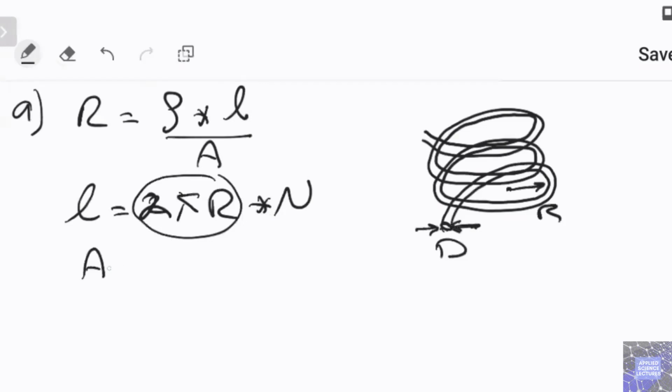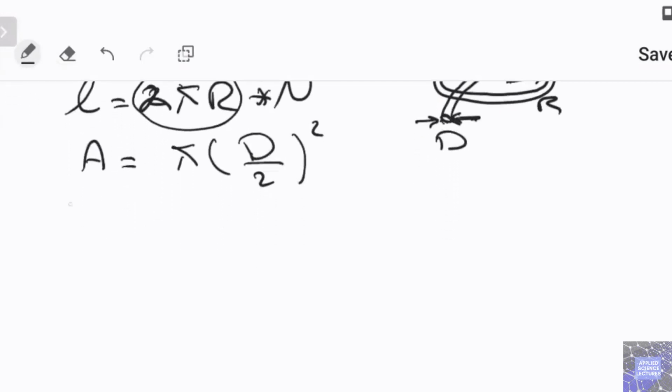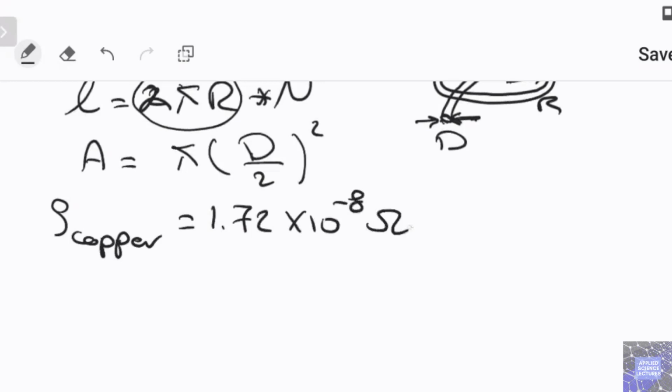I also know that the cross section A is pi times d divided by 2, squared. The resistivity for the copper is given as 1.72 times 10 to the power minus 8 ohm meter.